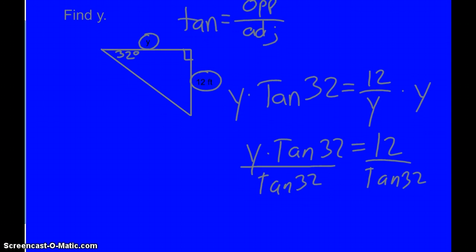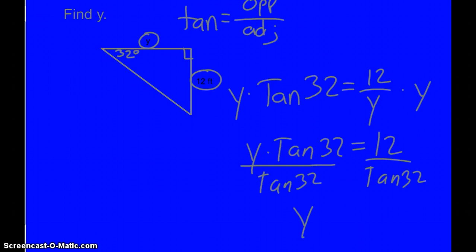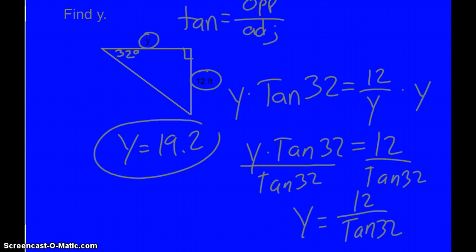Getting us y equals 12 divided by the tangent of 32. That becomes a calculator problem. And our calculator tells us the answer is 19.2 for side y. That gives us our solution.